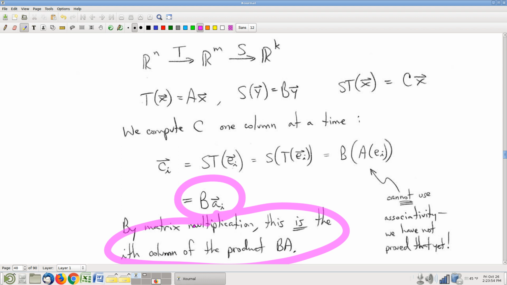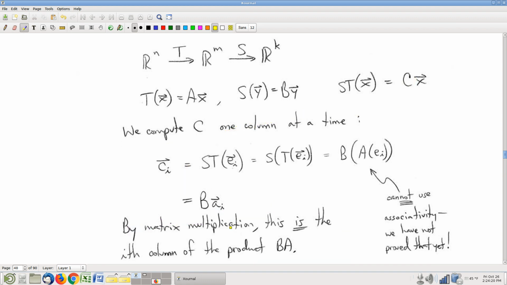So as we would have hoped, the ith column of C is the ith column of BA, and therefore C is equal to B times A, just like we wanted. Okay, so multiplication in the sense of linear transformations is equivalent. It's just different notation for the same thing as multiplication by matrices.